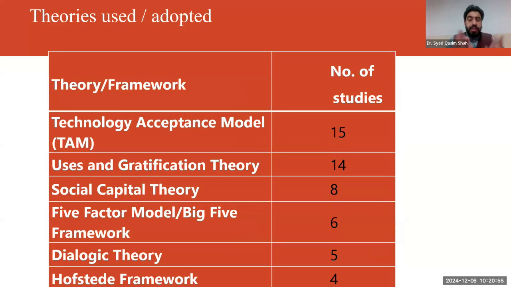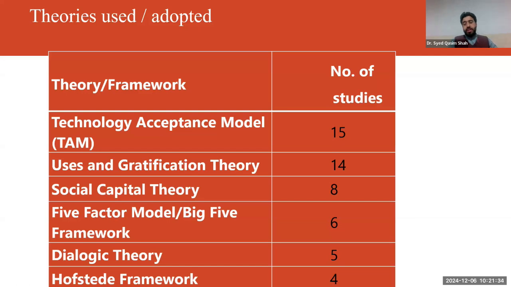Then within each and every domain there are different theories. We already know this since we have adopted social networking. There are theories related to social networking, with reference to technology, with reference to social capital. From these articles we have come up with the technology acceptance model, which is one of the theories used in social media. So 15 studies are using the technology acceptance model.